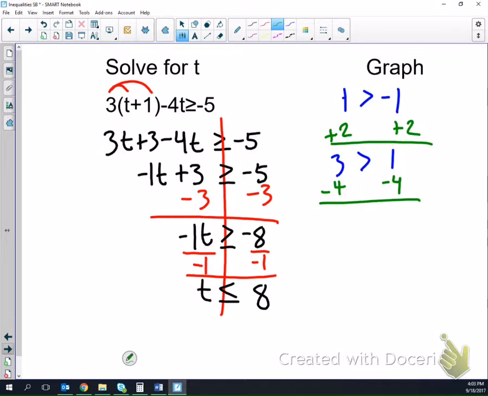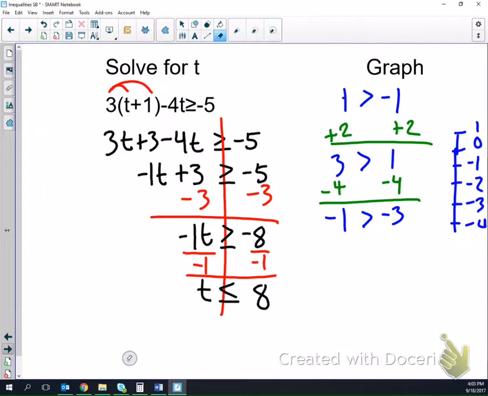When I do that, we get -1 is greater than -3. And that may seem odd, but remember, for which is greater, we're focusing on which is higher on the number line, and -1 is definitely higher on the number line. So we notice if we add numbers or subtract numbers from both sides, the inequality still holds.